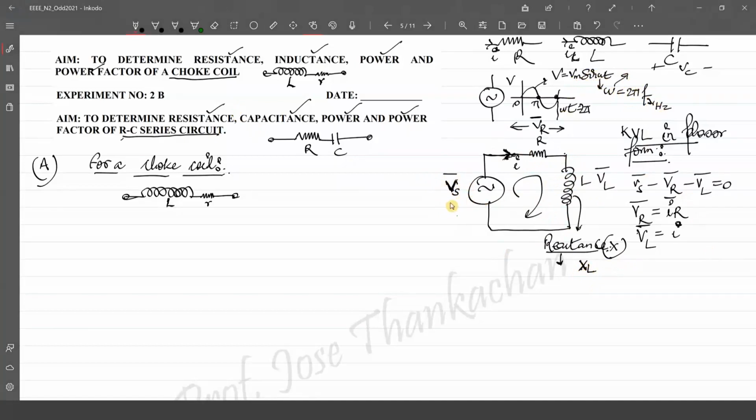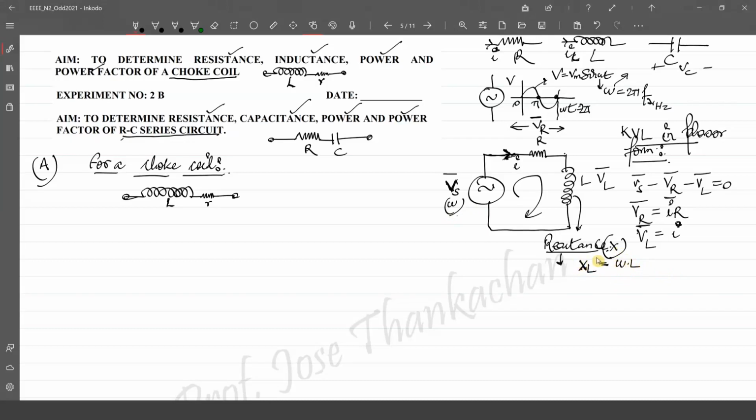So there is a frequency component here, omega, and your XL is written as omega into L. That means it is directly proportional to the frequency of the source.